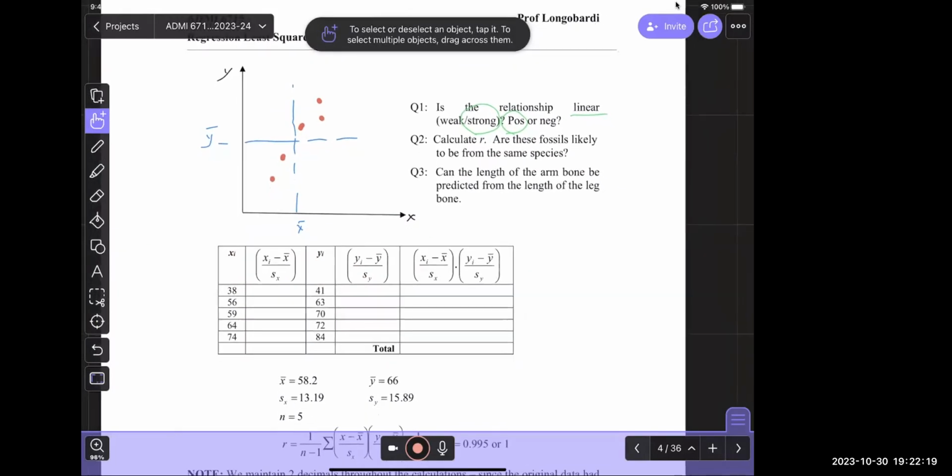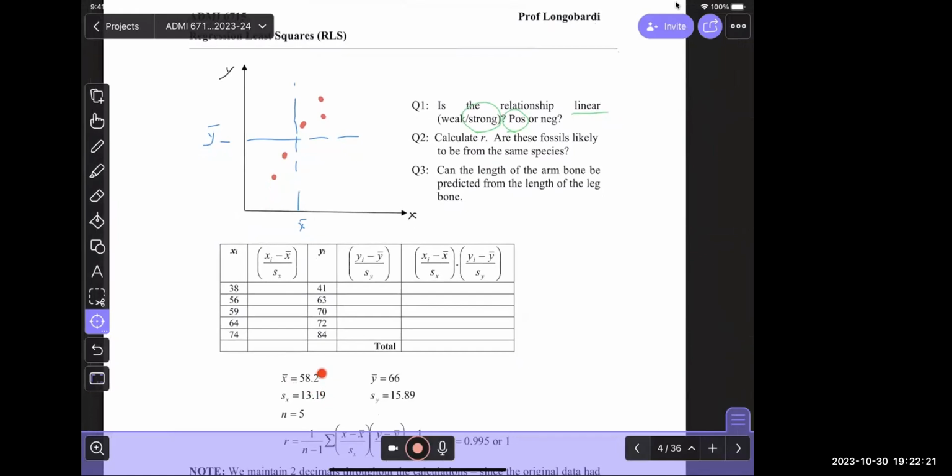Below I have the mean and standard deviation of X and Y. Let's just do this calculation. So let's use 38. So 38 minus 58.2 divided by 13.19.